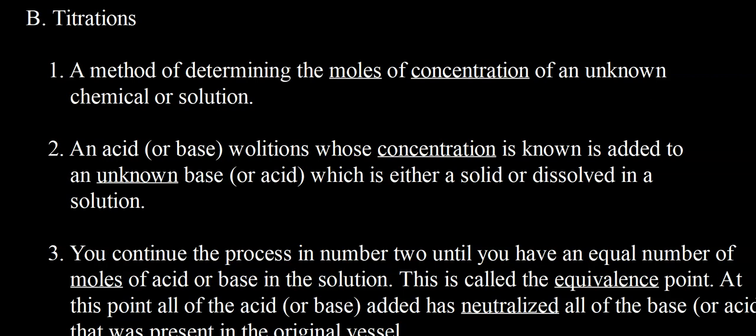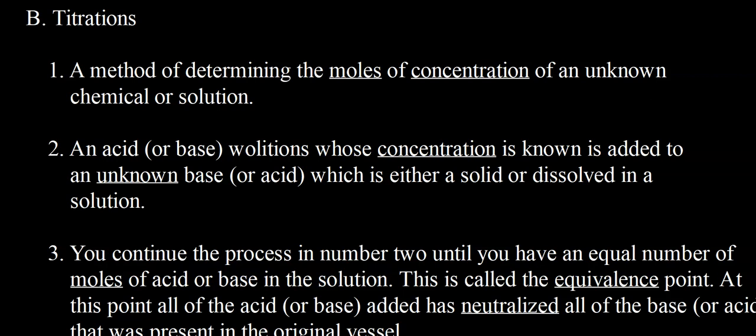So here's how it works. I'm going to read the part that's not in parentheses first because then it can go either way. It says an acid solution whose concentration is known is added to an unknown base, which is either a solid or dissolved in solution. Or it could be the other way around.